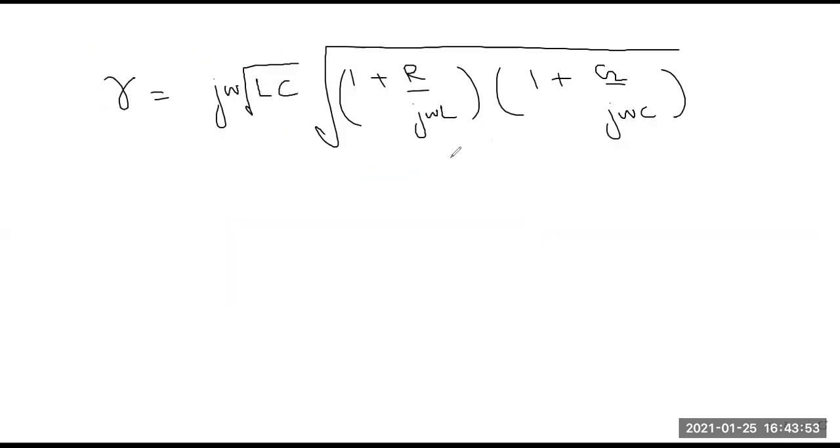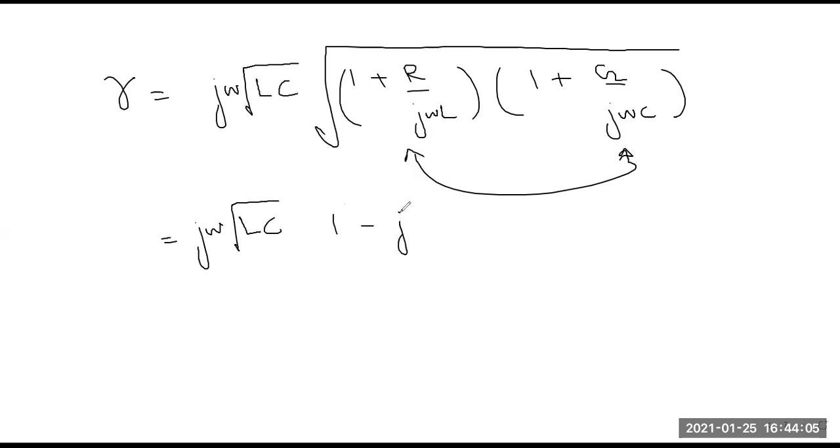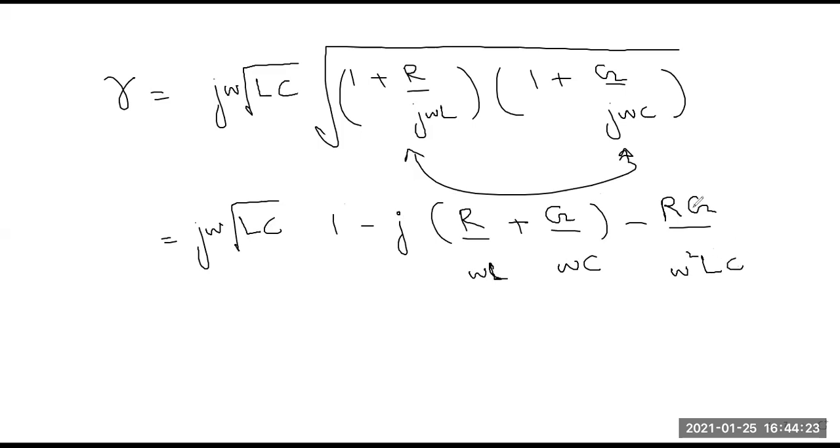Then you can multiply these two complex terms together. You get j omega square root of LC times the square root of 1 minus j (R divided by omega L plus G divided by omega C) minus RG divided by omega square LC.